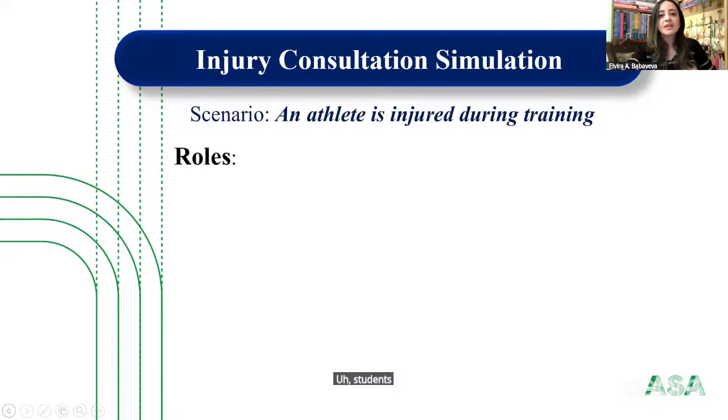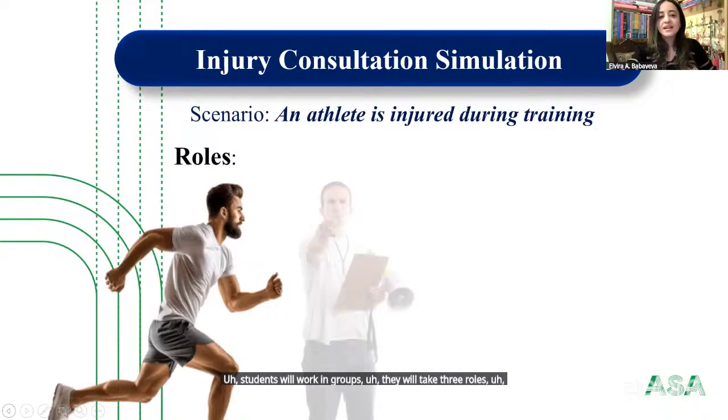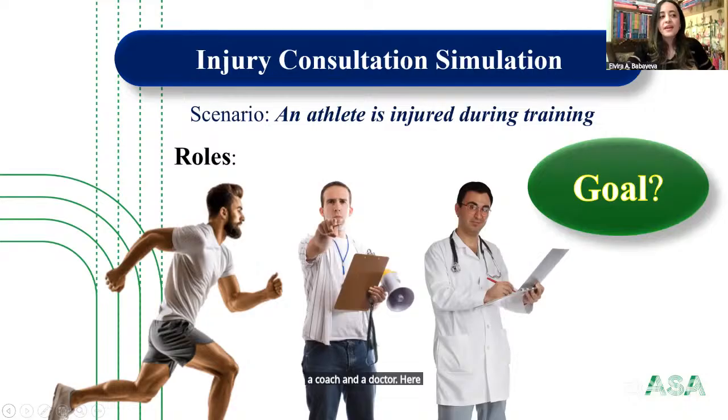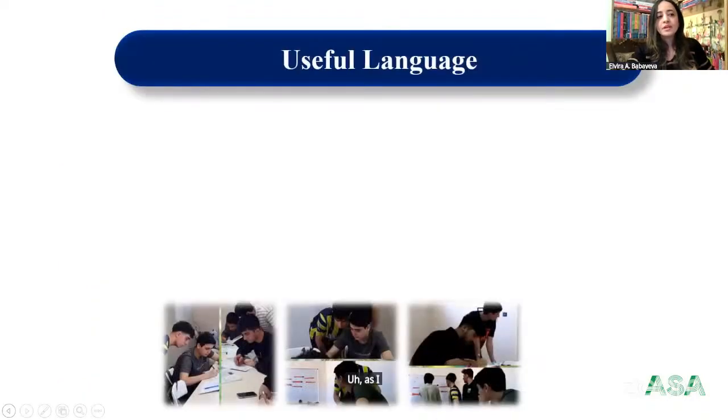Students will work in groups. They will take three roles: an athlete, a coach, and a doctor. Here, they should decide whether this athlete should continue training or stop. As I mentioned before, most of my students are elementary and pre-intermediate.